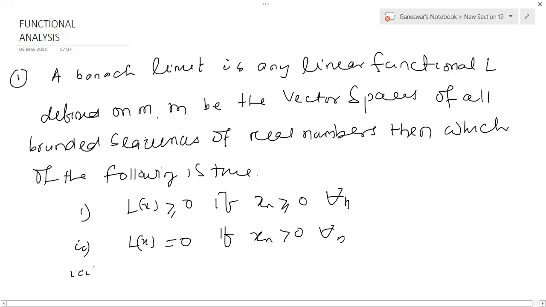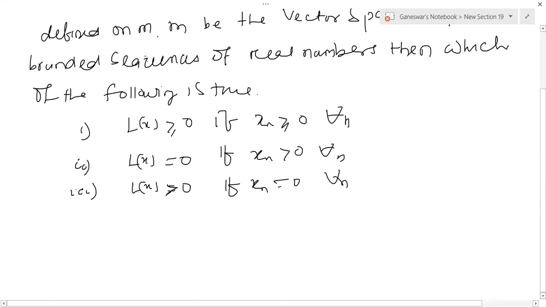Third, Lx greater than or equal to 0 if xn equal to 0 for all n, and none of these. So which one is true actually?